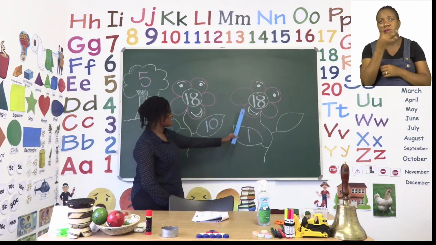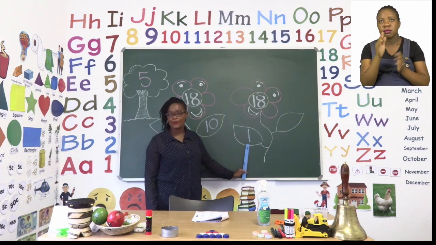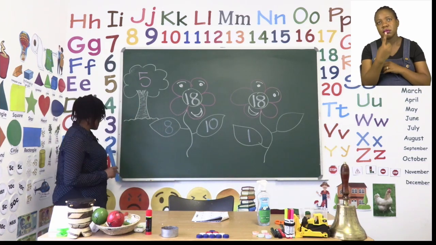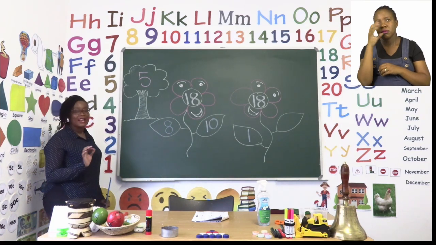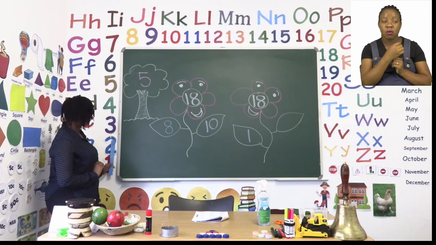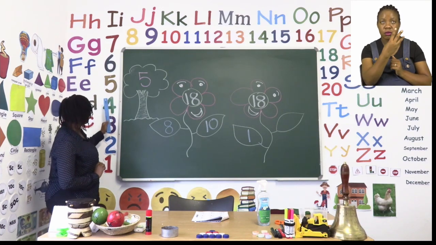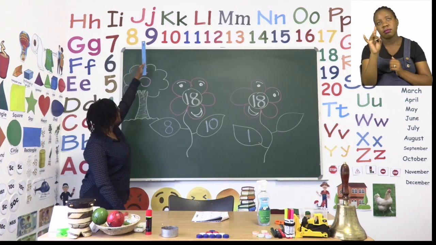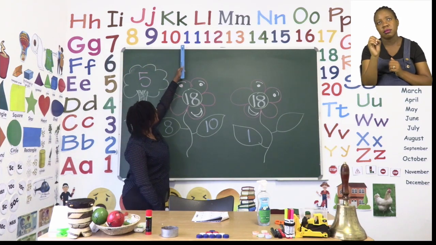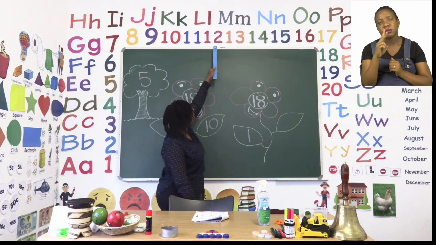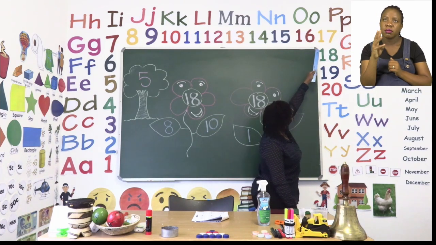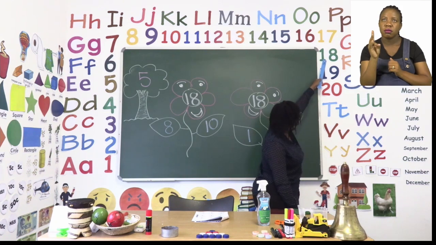Now let's do the next one, where we've been given the number 1. We're going to start at 1 is already there, and we're going to count normally. 2, 3, 4, 5, 6, 7, 8, 9, 10, 11, 12, 13, 14, 15, 16, 17.